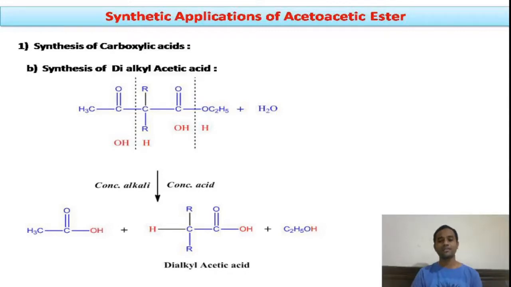It may be noted here that the side products are ethanol as well as acetic acid. Since in this hydrolysis the main product is carboxylic acid, this is called acid hydrolysis. So dialkyl substituted acetoacetic ester upon hydrolysis gives dialkyl acetic acid as the main product, right?